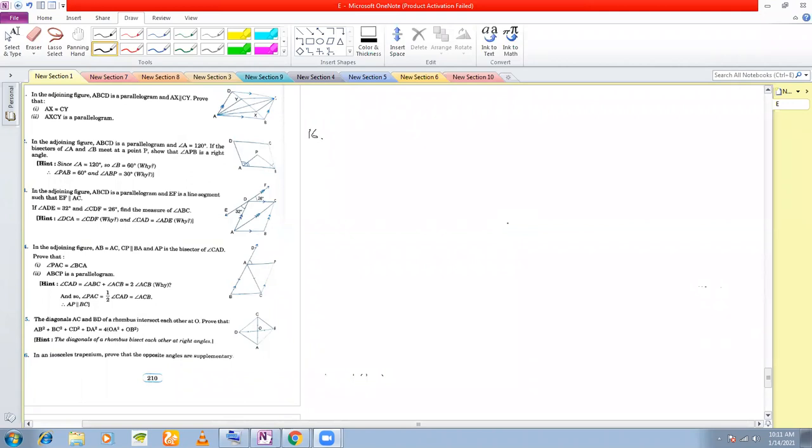Because in an isosceles trapezium, two sides have to be parallel, and the other sides, meaning the non-parallel sides, are equal. So if I draw an isosceles trapezium, it will look something like this. You have two parallel sides.